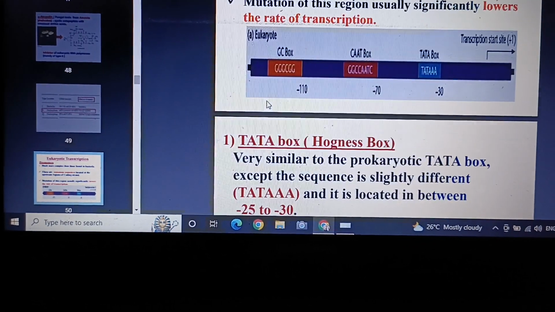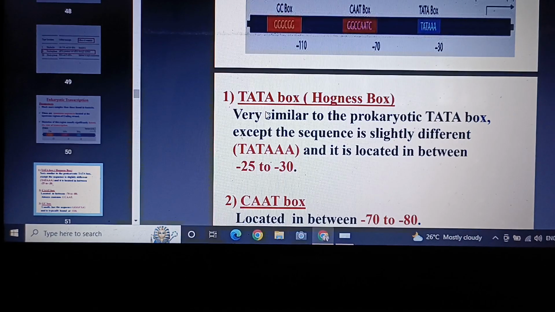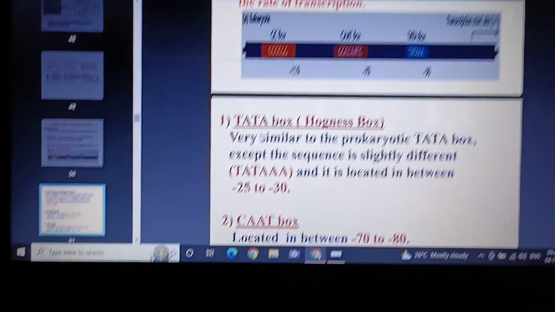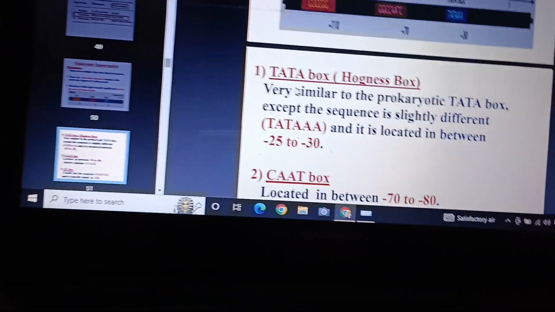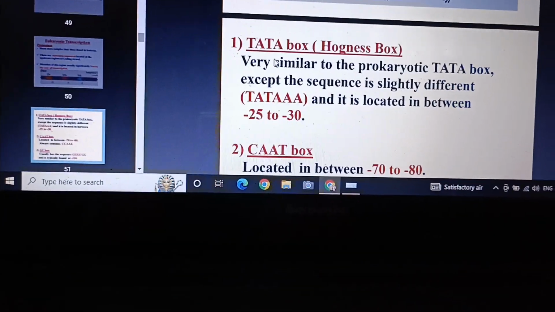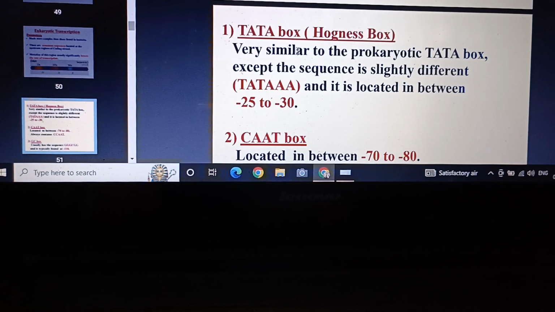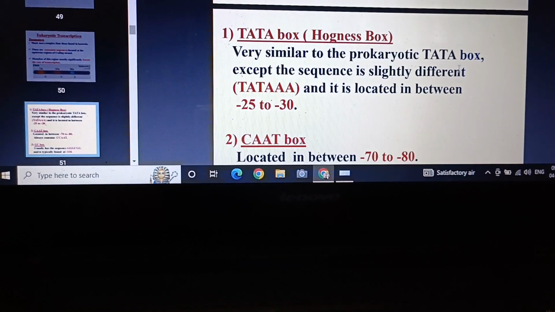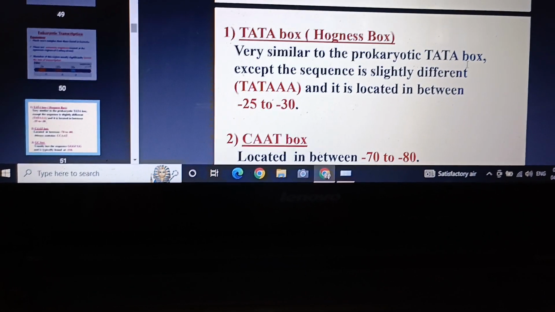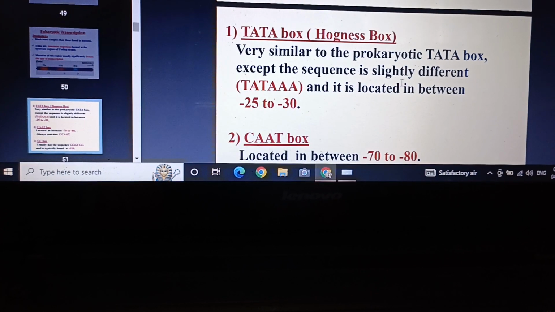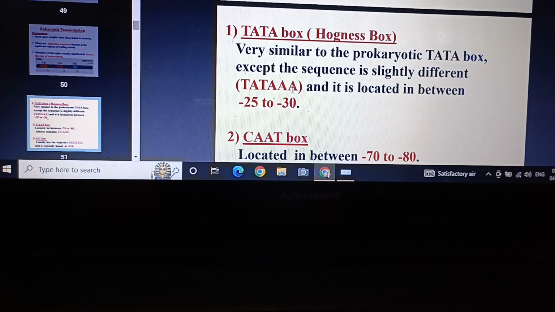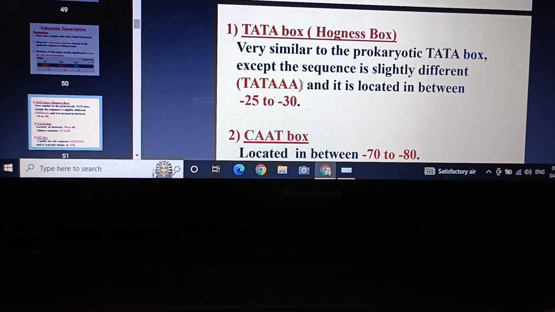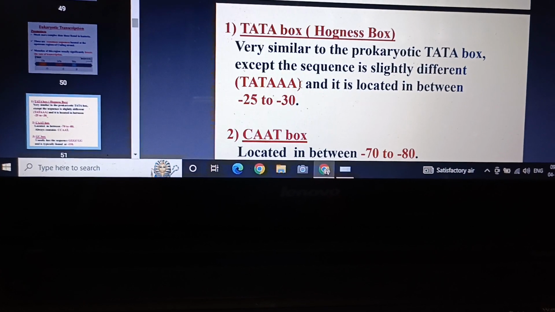What is the TATA box? It is a promoter sequence very similar to the prokaryotic TATA box, except the sequence is slightly different. What is present in prokaryotes?